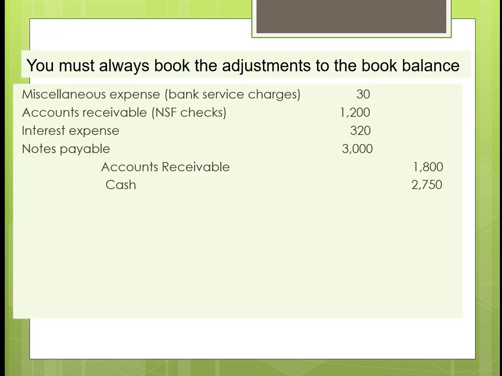All right, here is our journal entry. We're going to debit miscellaneous expense for the service fees. We're going to debit accounts receivable for the NSF check. Somebody paid us with a bad check. We're going to book interest expense, and we're going to reduce our notes payable. And we're also then going to credit accounts receivable for the $1,800.